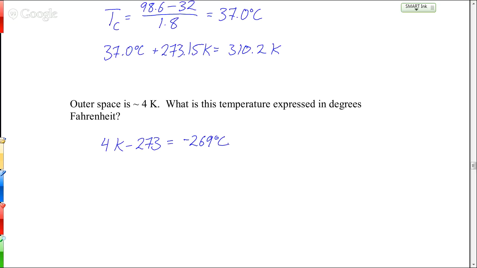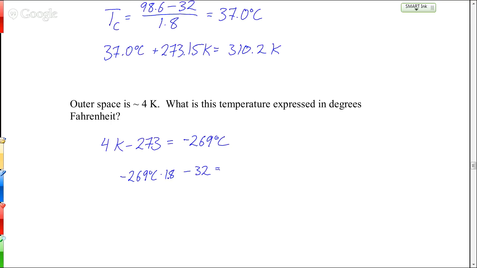Notice the change in significant figures here. When we subtract that 273, we now have 3 significant figures because we truncate at the ones place because of the 4. It's not that there's just one significant figure that we carry through, but at that ones place. So then when we take that minus 269 degrees C into our next calculation, we're going to go minus 269 times 1.8 and then subtract 32.